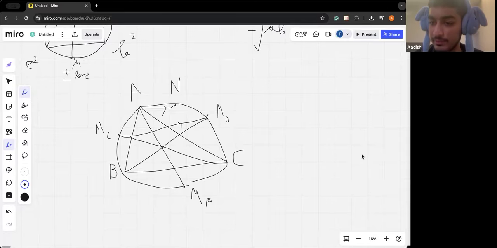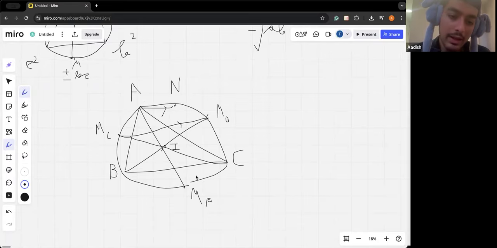Can someone prove this, people who have not seen this before? What line is AN perpendicular to?